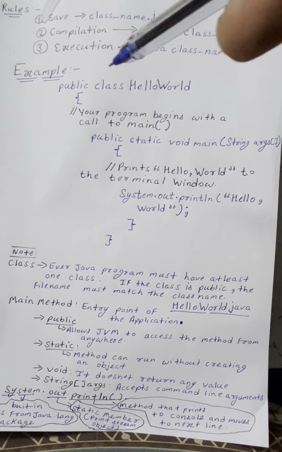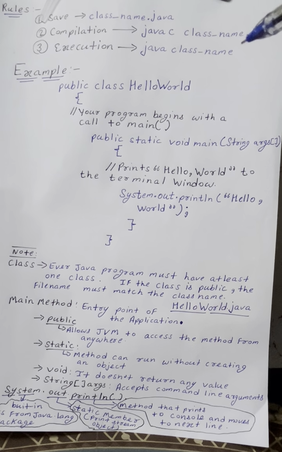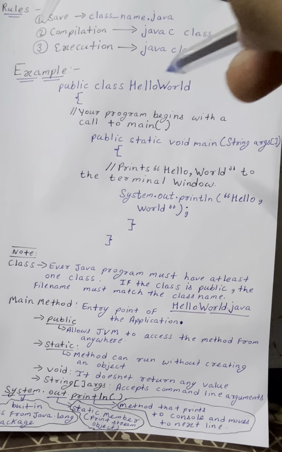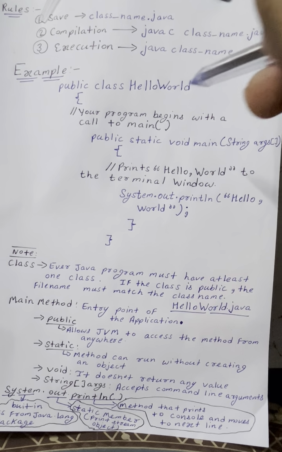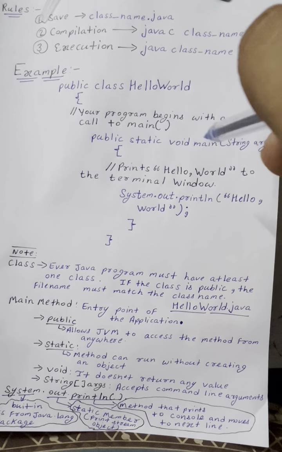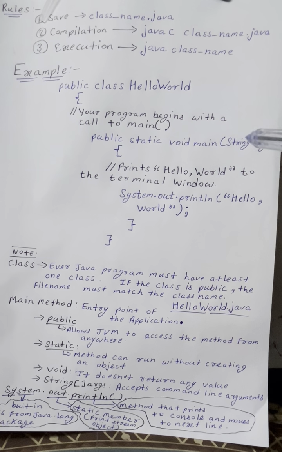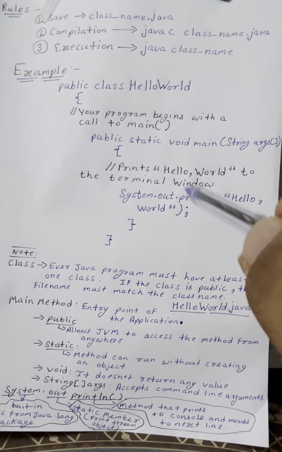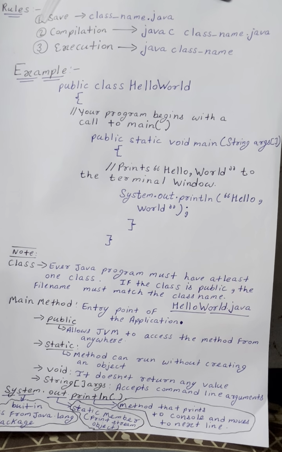So first we see the public class hello world, then we see our main function. As I said earlier, it is the entry point of our application, and then we see our print function where we write hello world. And if we talk about its output, then we see a simple hello world in the terminal. You can use any text editor like Sublime text editor for coding Java.